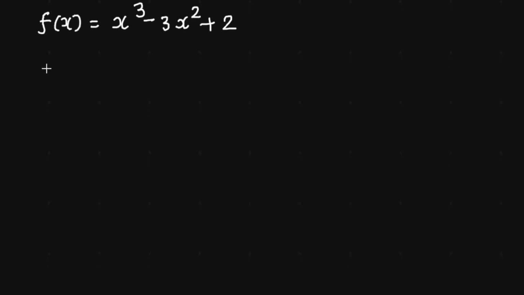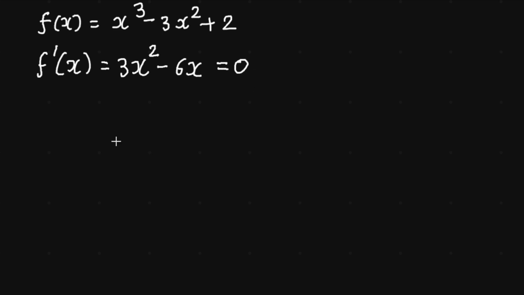So let us find the first derivative. f prime of x will be equal to 3x squared according to the power rule, minus 3 will be as it is, and according to the power rule the derivative of x squared would be 2x. So 3 times 2x would be 6x, and the derivative of the constant 2 would be 0, so no need to write it. Now to find the critical points, let us set this function equal to 0.